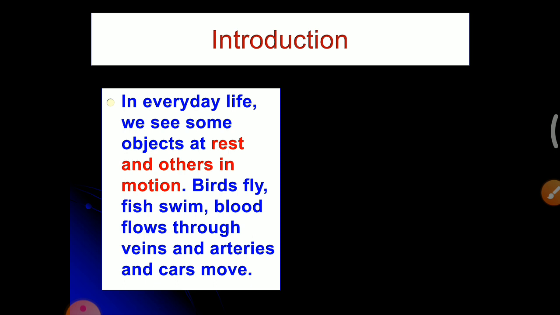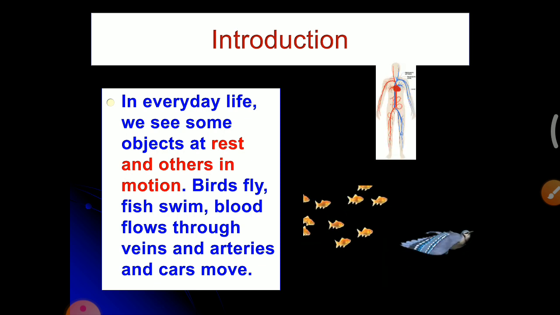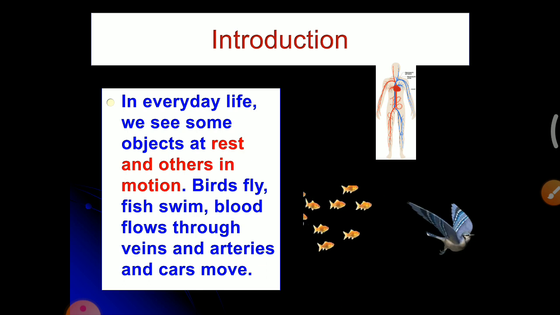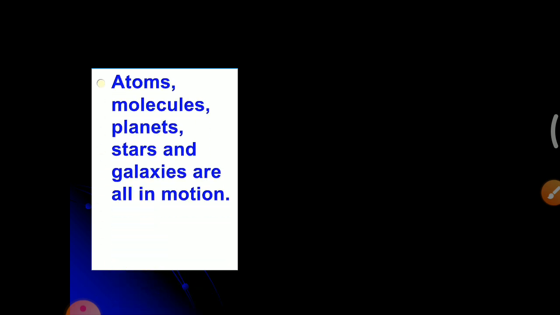So in everyday life, we see some objects at rest and others in motion. Birds fly, fish swim, blood flows through the veins and arteries and the heart. These are examples of motion. And atoms, molecules, planets, stars and galaxies are all in motion.